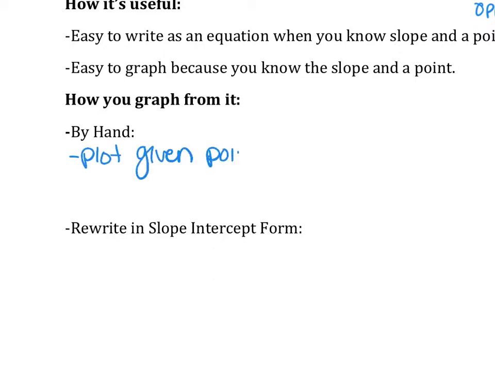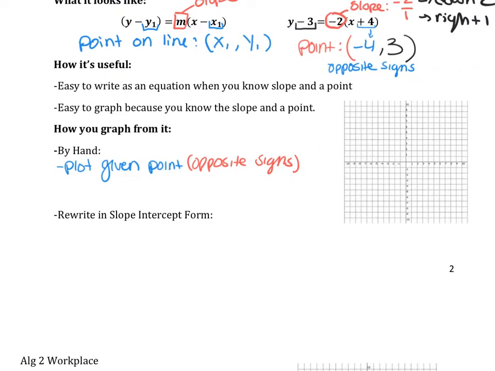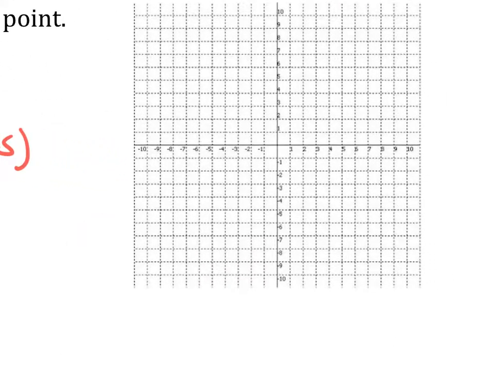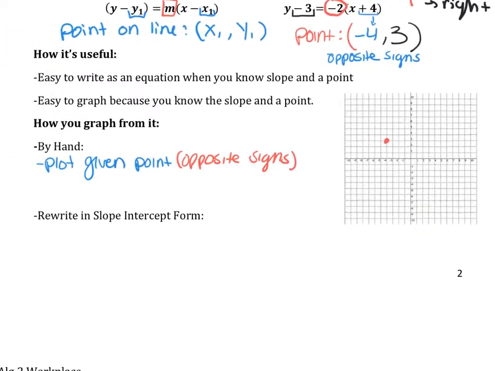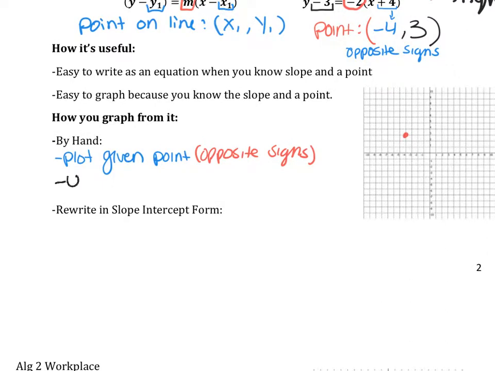So plot the given point. Remember, it's opposite signs. So we said our point was -4, 3. So -4, 3. And then use your slope, the rise over run, to find some more points.